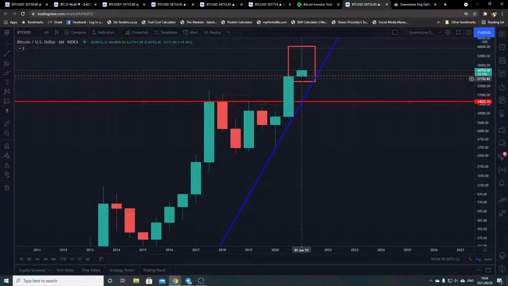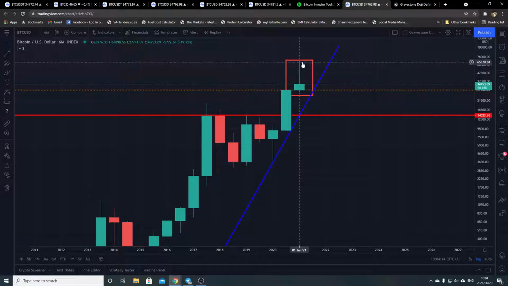We've got a small little wick at the bottom, which has indicated that the bears have pushed the price right down from the 65, 64K all-time high to where we are now. So as it is now, it is a bearish candle.